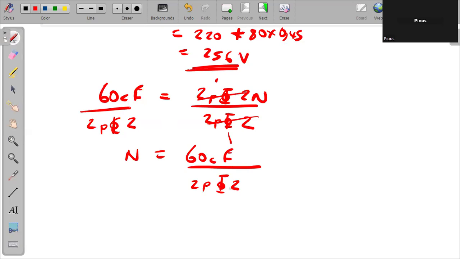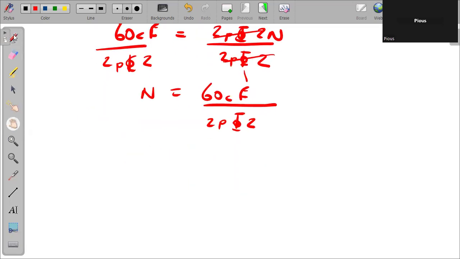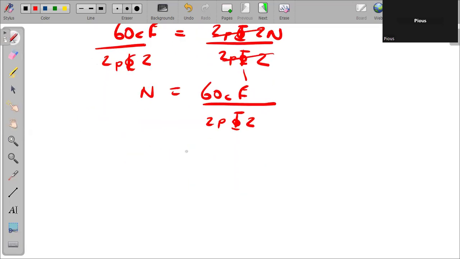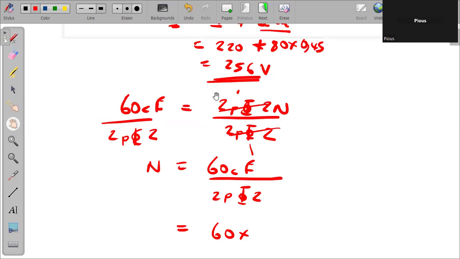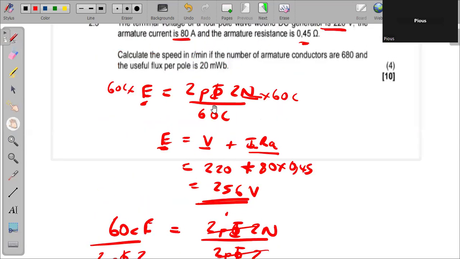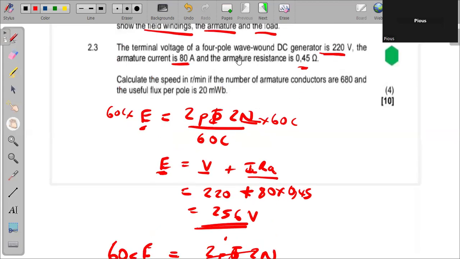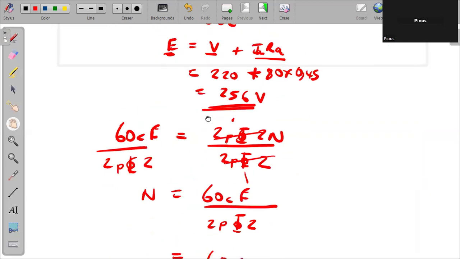So we can therefore substitute all the other variables. C is the number of parallel paths between the positive and the negative brushes. For a wave wound machine, it's 2, and for a lap wound machine, it's 2p. This is a wave wound machine, so it's going to be 2.